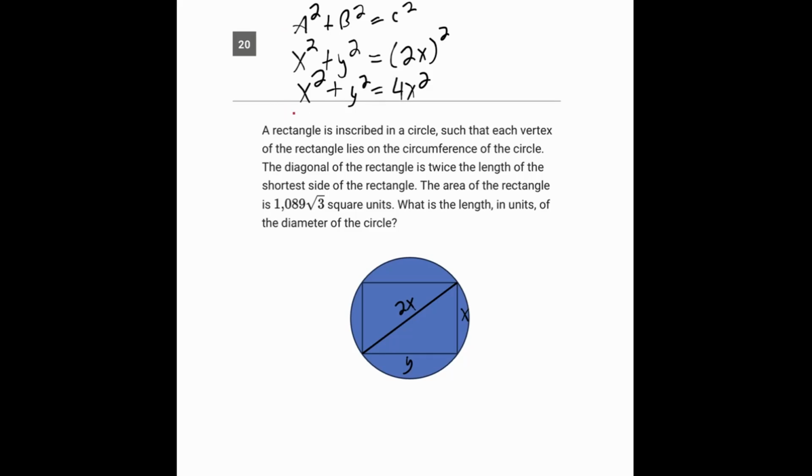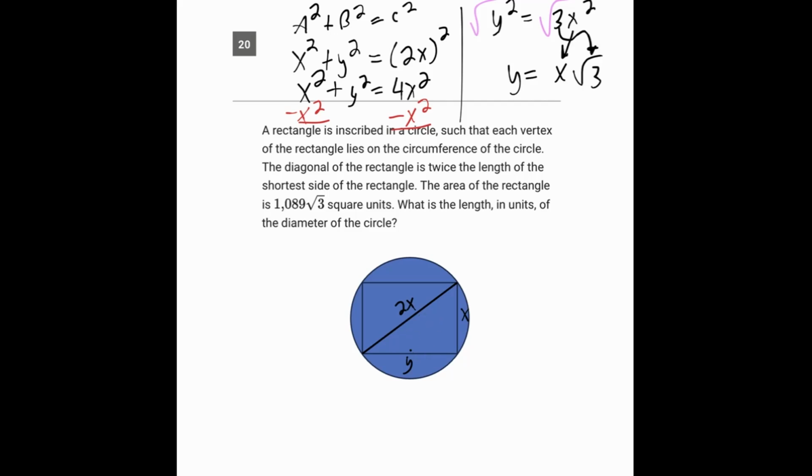Now we can take away x squared from both sides. So minus x squared there. And we have y squared equals 3x squared. And now we can take the square root of both sides, and we'll get y equals x times the square root of 3. Because the square root of x squared was indeed x, and the square root of 3 is just square root of 3.